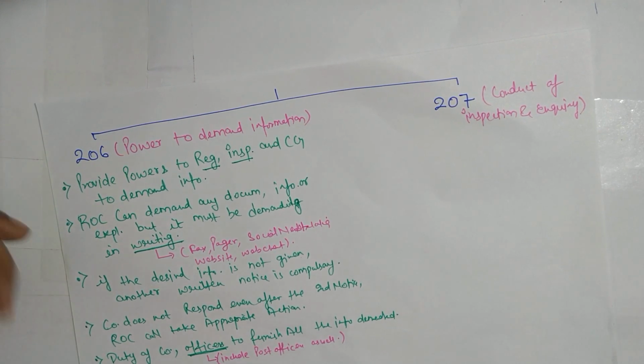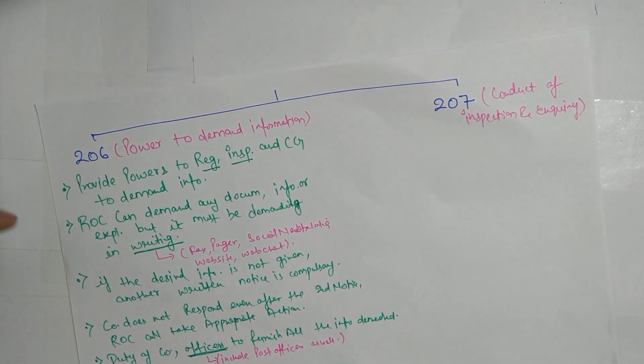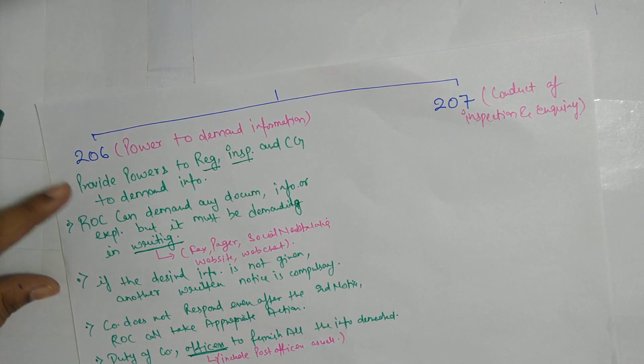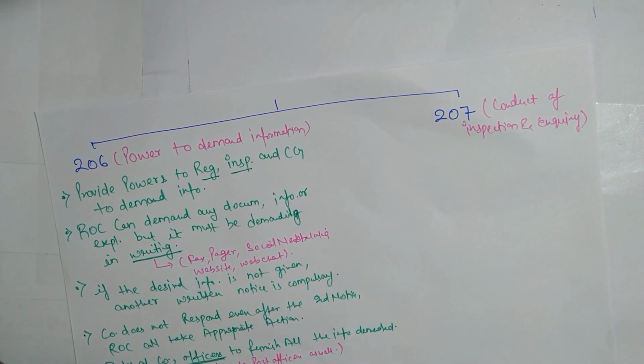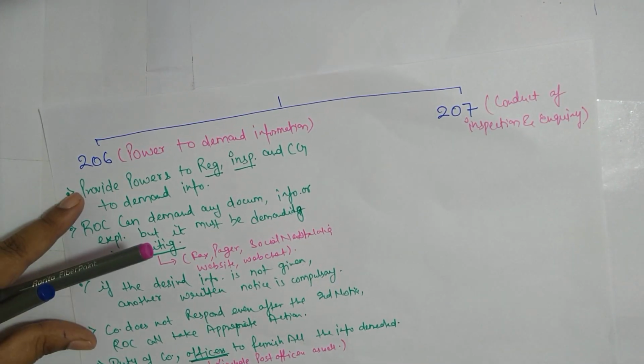And if some non-compliance is found, ROC has to inform the company as well as the CG, which will take appropriate action.